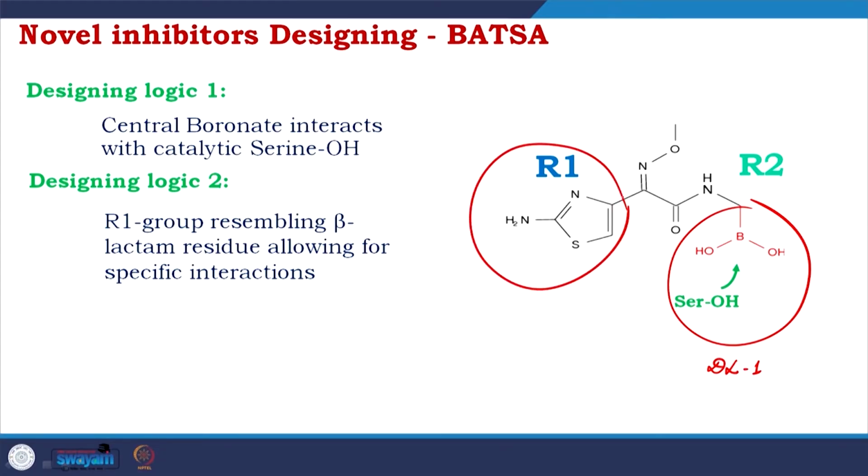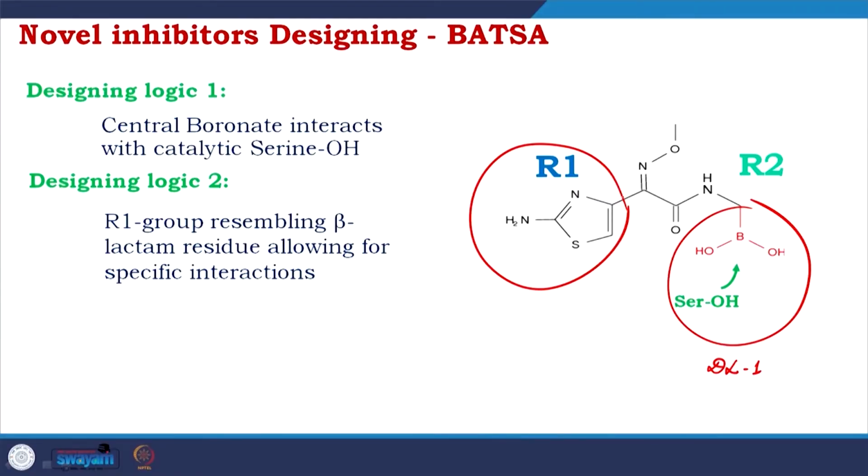Here we play safe, but it is actually not safe, because I mean it is safe, but we have a huge database of existing beta lactams. So, we take the best beta lactam moieties which are interacting with the beta lactamase in an excellent way to design that. So, designing logic 2 is the R1 group resembling a beta lactam residue, allowing for specific interaction. We already know some of the beta lactam drugs which have excellent binding. So, we take their moiety.